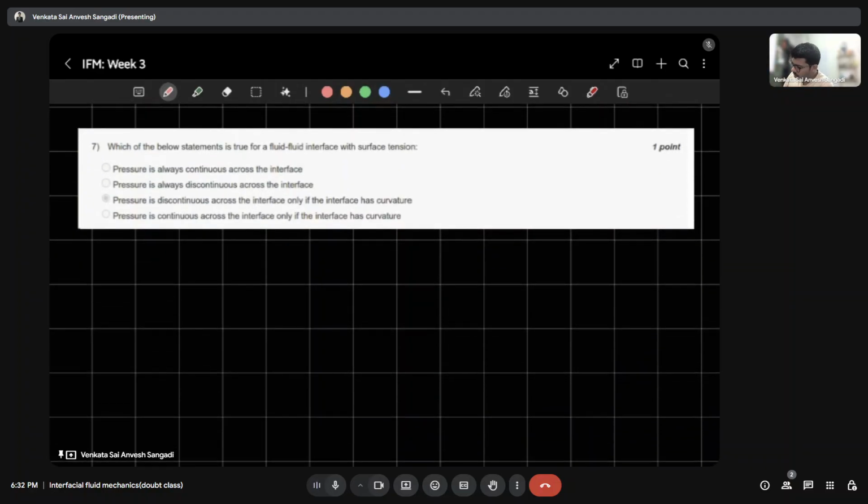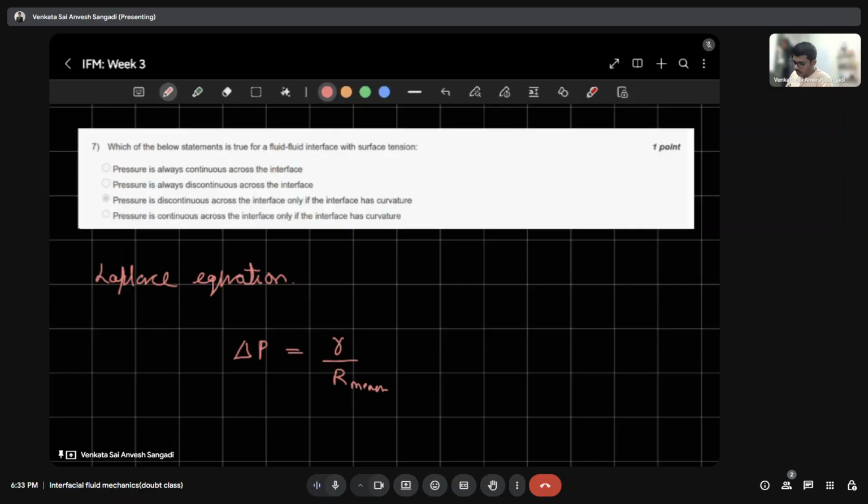So you look at the Laplace equation again. We know that delta P is equal to gamma times one over R mean.